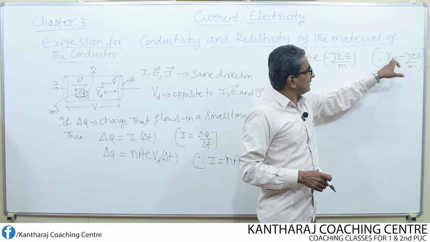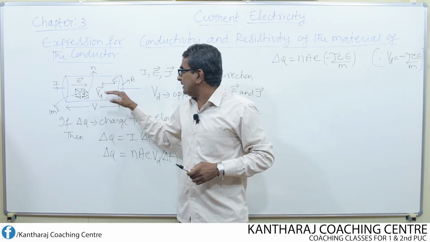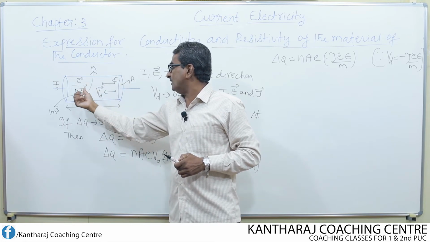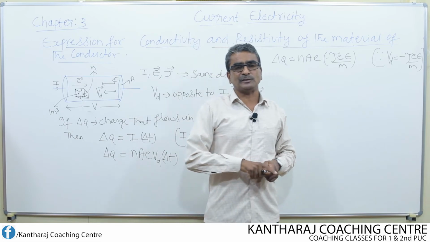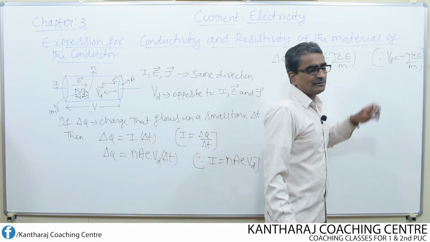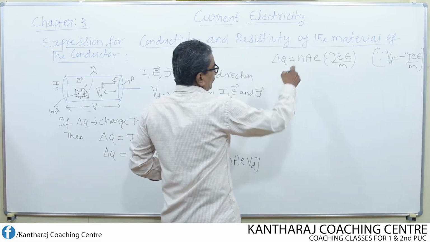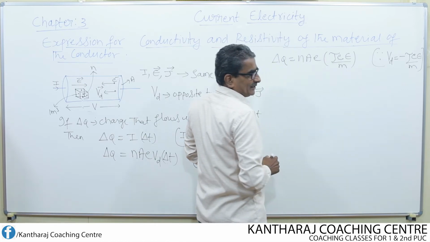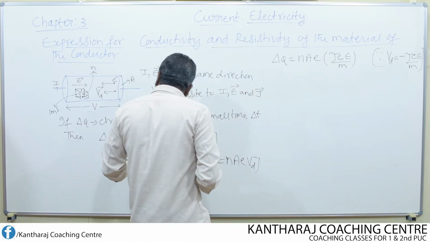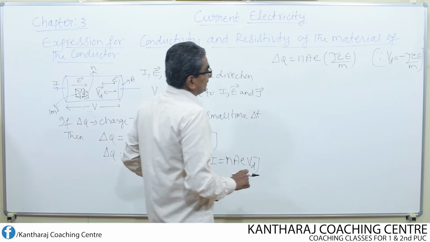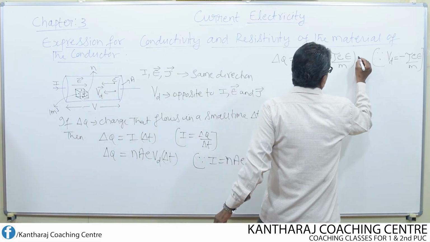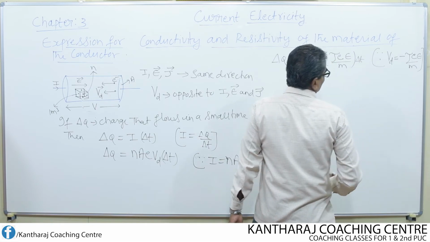The negative sign indicates that drift velocity Vd is opposite to the electric field. If the electric field is in this direction, drift velocity is opposite to that, which is indicated by the negative sign. So I consider only the magnitude. I substituted for Vd, and delta T is there, so retain the delta T as it is, into delta T.